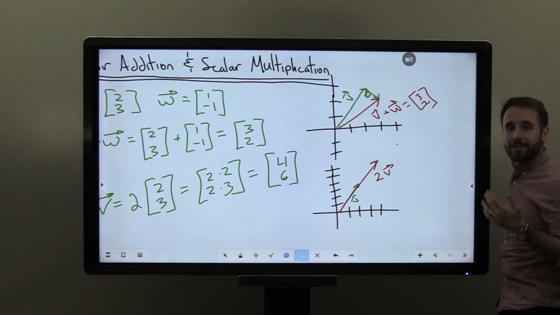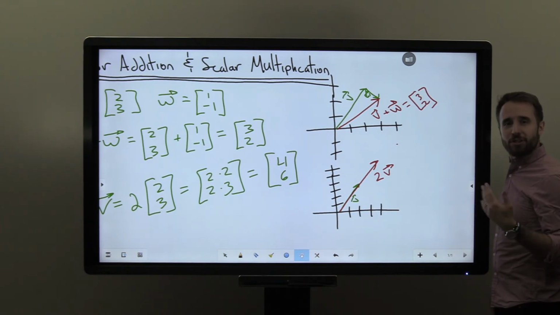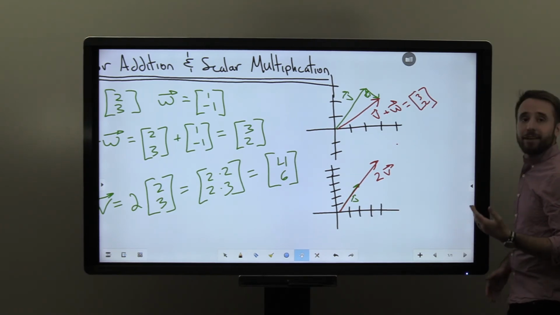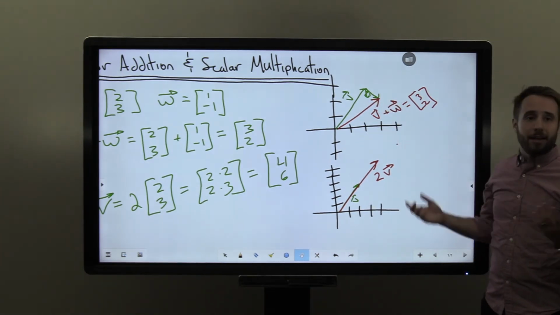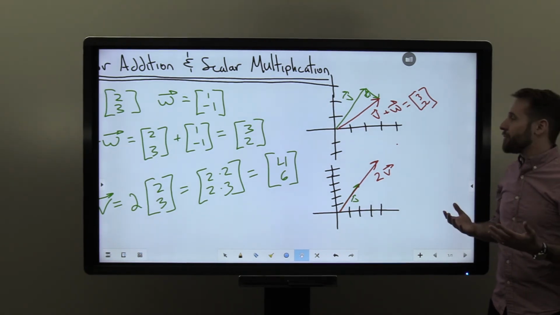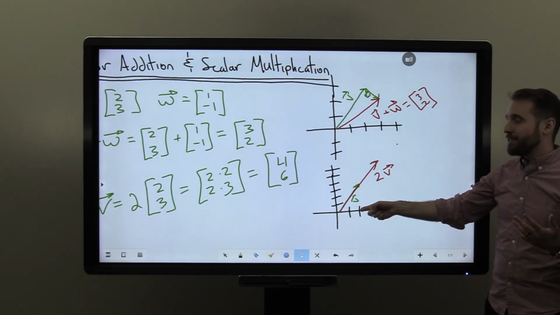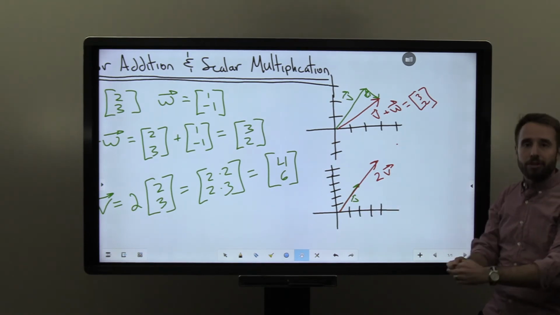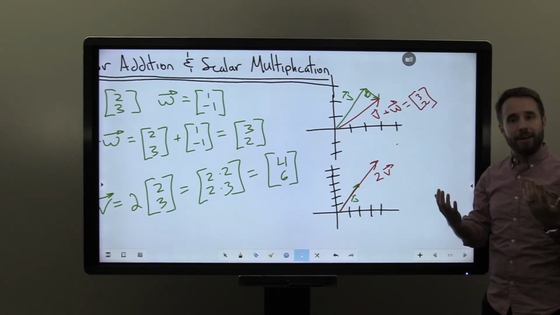And then there's also a more geometric interpretation in which we think of these objects as geometric objects, literally stretching and lining up vectors in this interesting way.